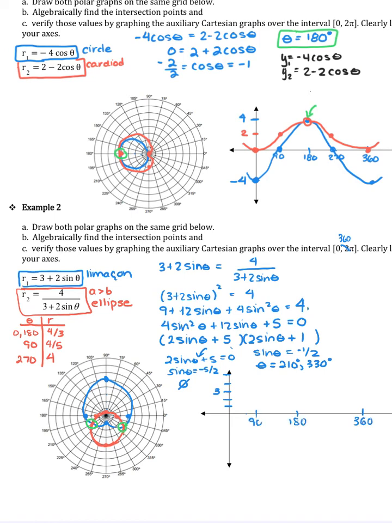So here's my 90, here's my 270. So we're going to be starting on the sinusoidal, the middle's on the sinusoidal, the end is on the sinusoidal. At 90, we'll be up here at 5, and this is 1. 270 will be down here at 1. And so this graph would look, so that one we can do without a calculator.